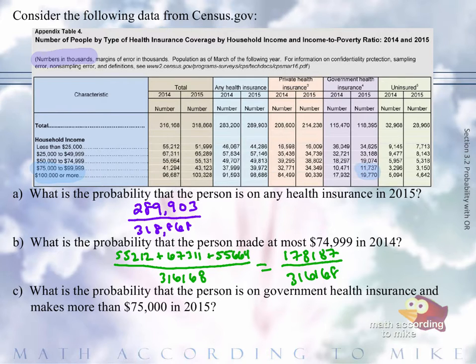Out of how many total? Well, the total is that 318 number that we had previously. So the numerator would be 11,737 plus 19,770 over that 318 number.